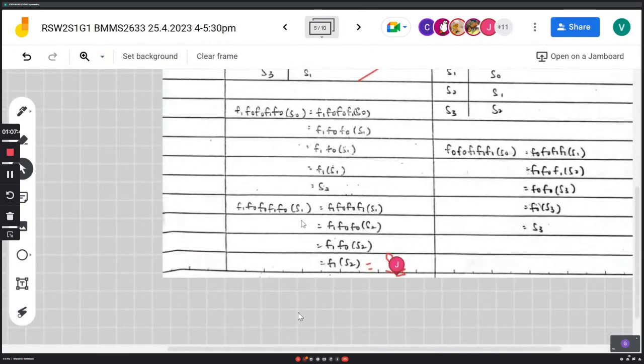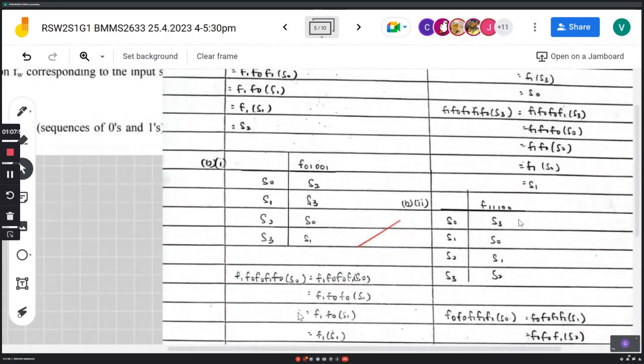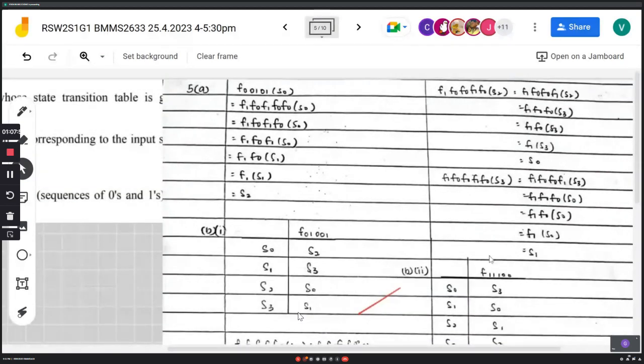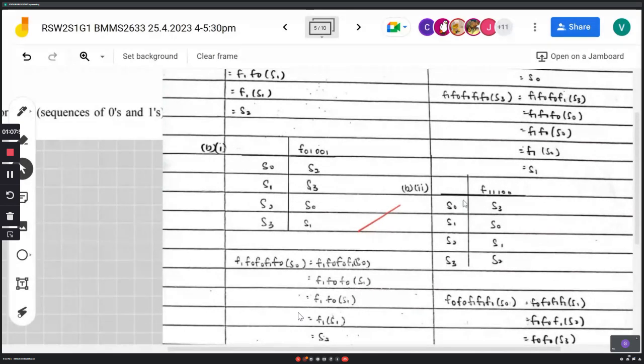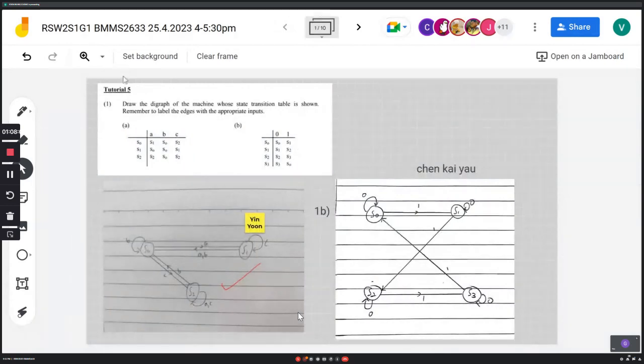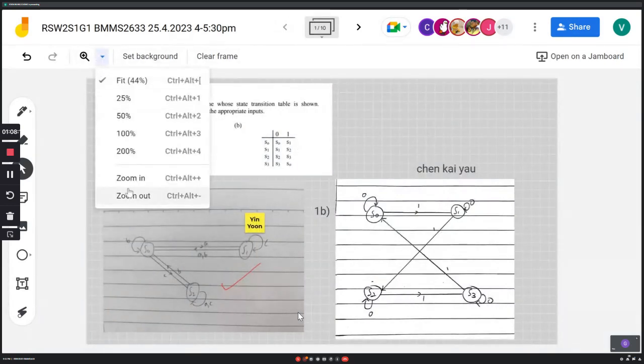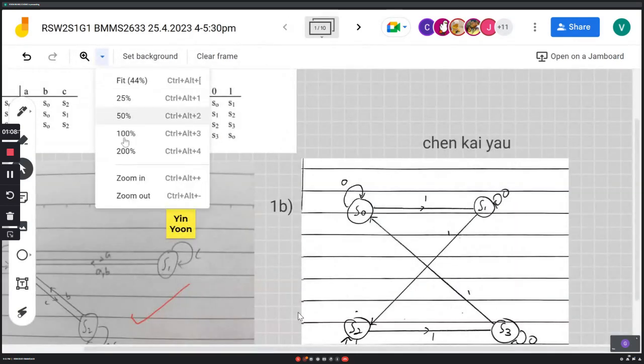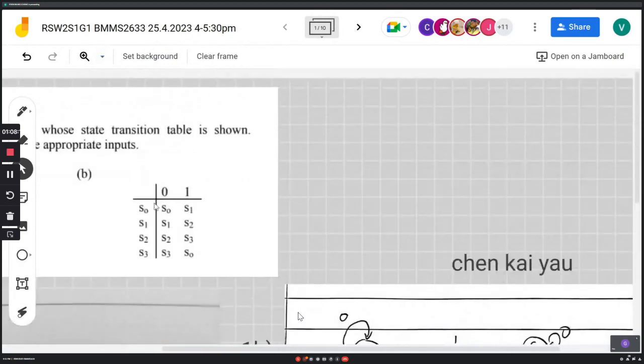11100 is also the same. This one, 11100, also refer to question 1b. Okay, so if you see question 1b, let's say you start from S0.